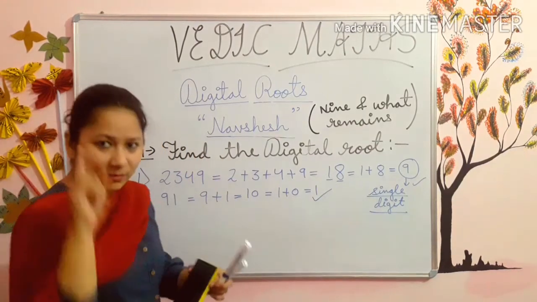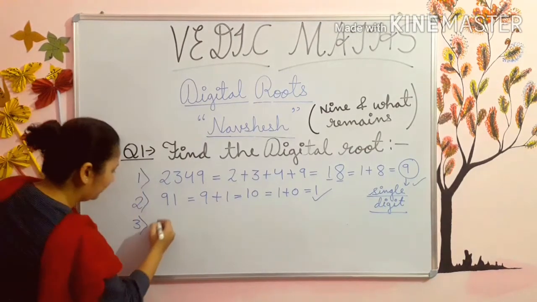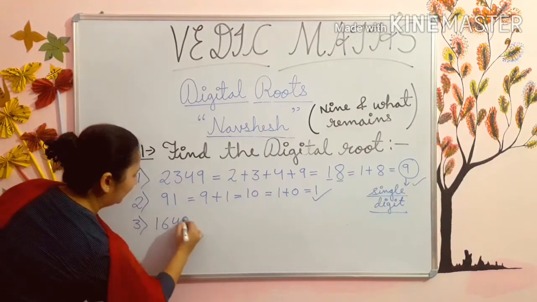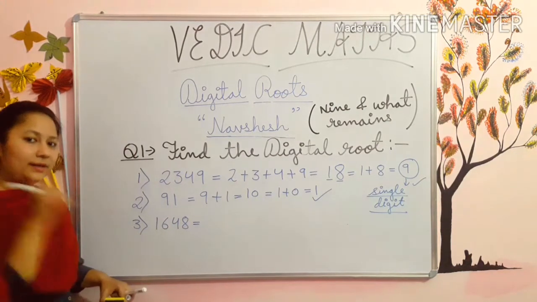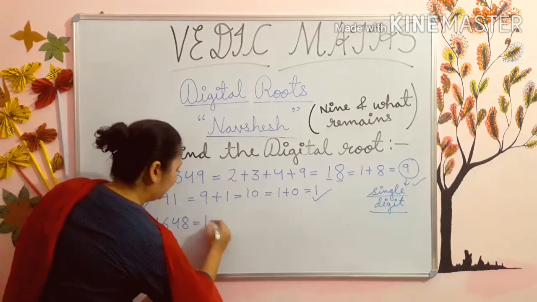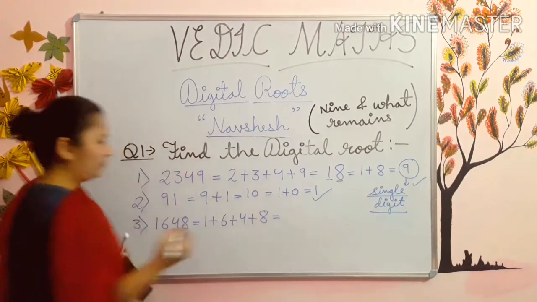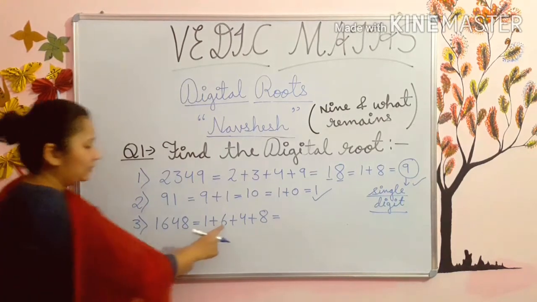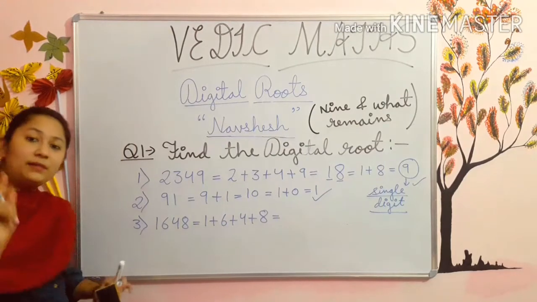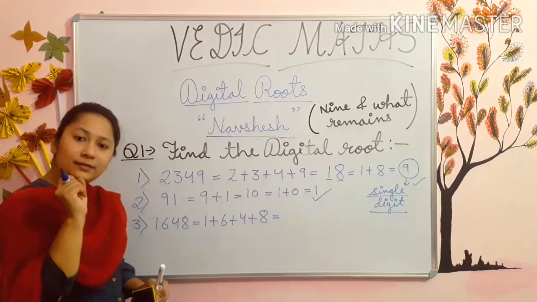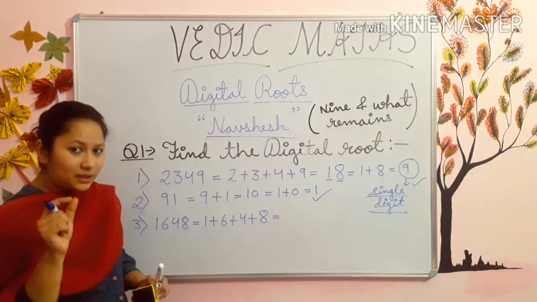Now we can take one more example. 1, 6, 4, 8. Now see what you have to do. You have to add the digits. I can add 6 plus 1, but it will be tough. I will add them like you use in maths, like we will add the numbers which make 10.